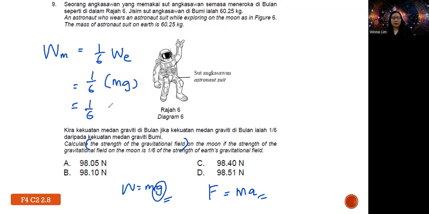So when the mass is 60.25, while g is 9.81, and when you press the calculator, you will get your answer as 98.51. Okay, so be careful. Bear in mind, in the new syllabus, the value of g is 9.81.